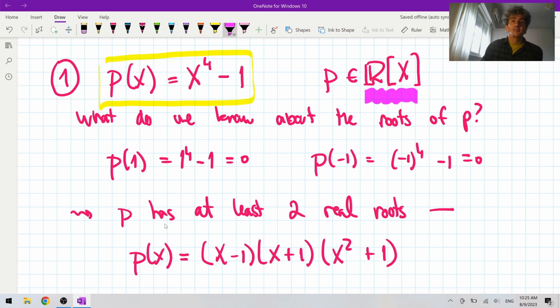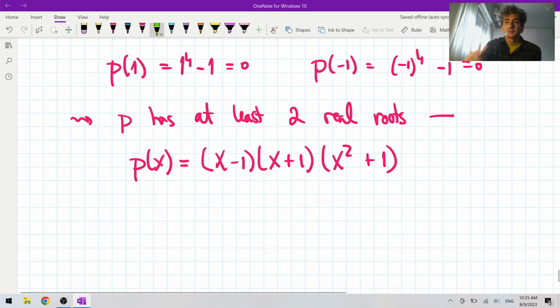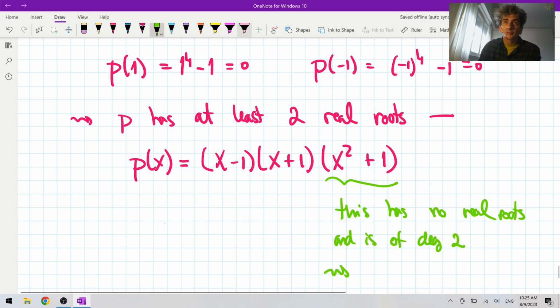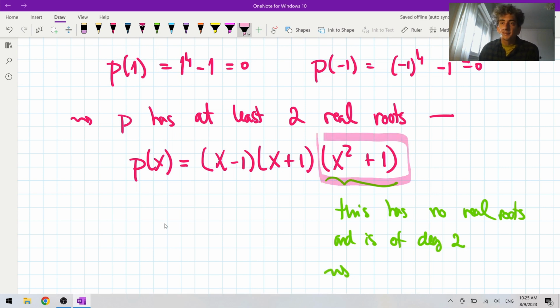And since this has no real roots and is of degree 2, then this factor lying right here is an irreducible factor over R of x.